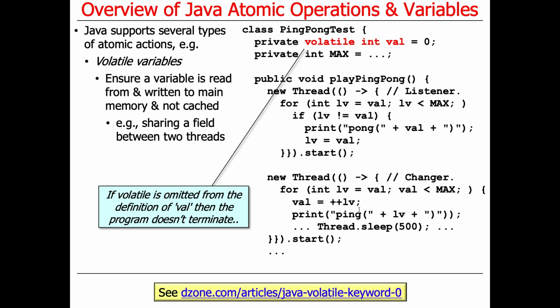And if it is, we print pong, and then we update this with the current value of val. And then over here, we go through and we increment val. So this operation here, this setting of val equal plus plus LV, is basically an atomic operation that will write through to main memory. So we're never caching this stuff. And so, believe it or not, this program will actually alternate printing ping and pong.